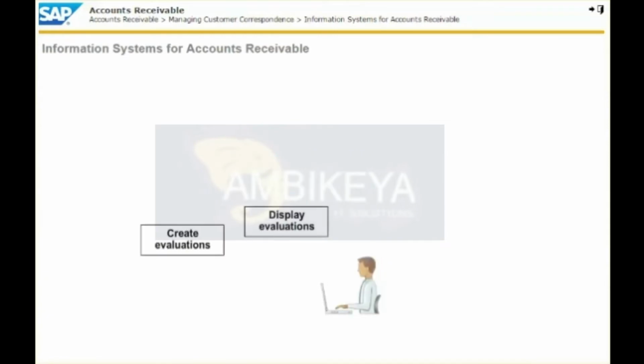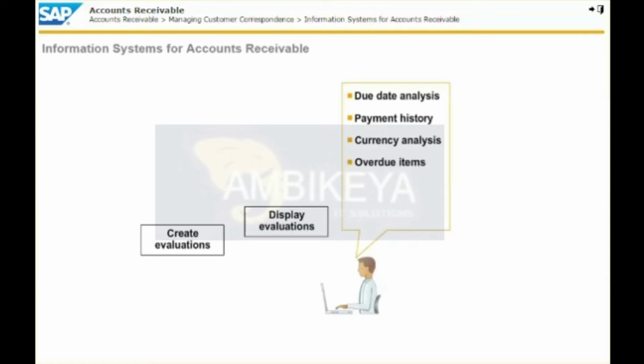The Accounts Receivable Information System enables you to carry out quick analyses of important accounting data such as due date breakdown, customer payment history, currency risk for customers abroad, overdue items, number of days or DSO days that a customer takes on average to pay an invoice.